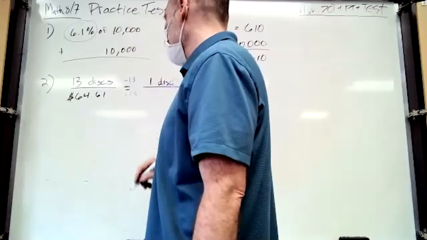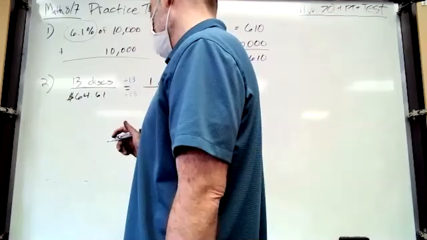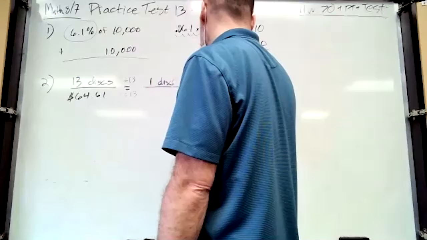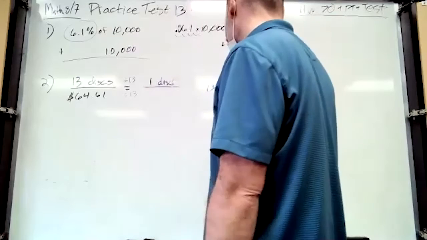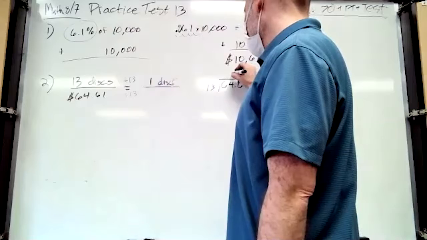So let's see, how many times does 13 go into 64? Let's just do it. 64.61 divided by 13. I think that goes in not 5 times, but 4 times. And you get 52. So then you get 12 left over, bring down the 6.